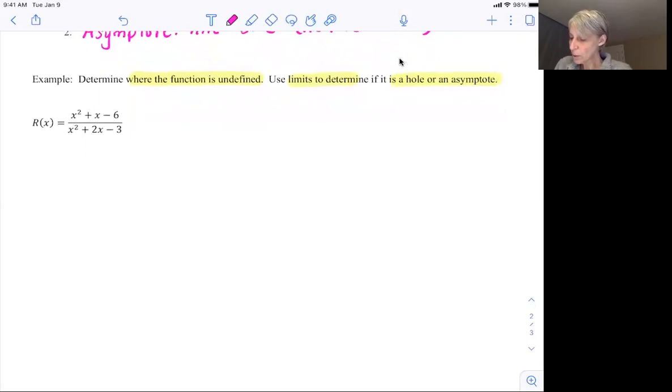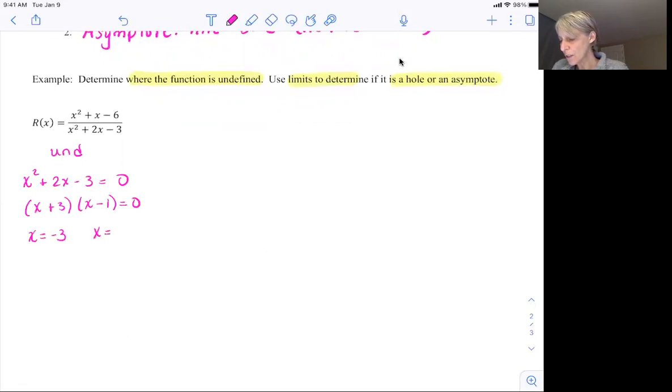So first, to find where the function is undefined, we set the denominator equal to 0. So the two x values that make this function undefined are x equals -3 and x equals 1.